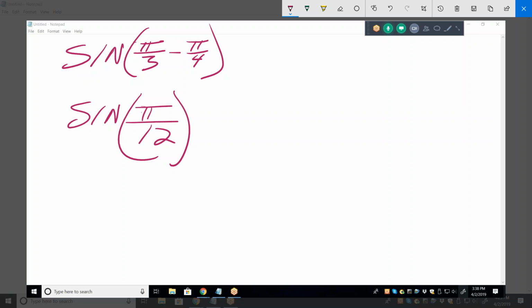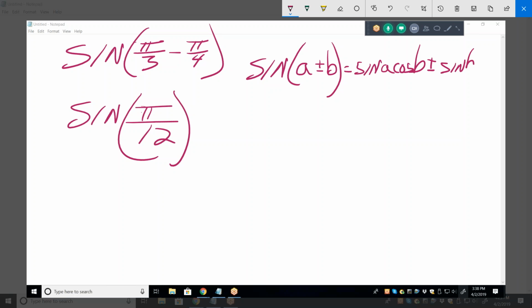You with me? Yes, sir. Give me the general formula for the sine of A plus or minus B. That is sine of A times the cosine of B plus the sine of B times the cosine of A. Oh, plus or minus. Right.